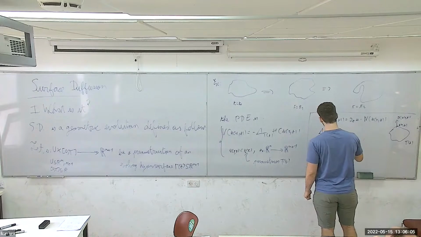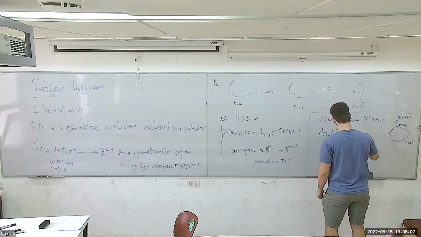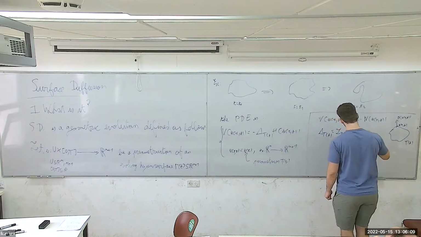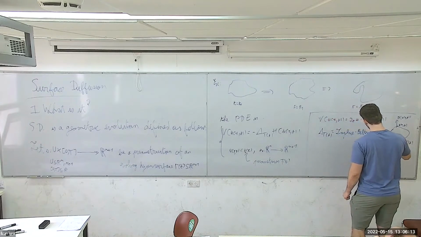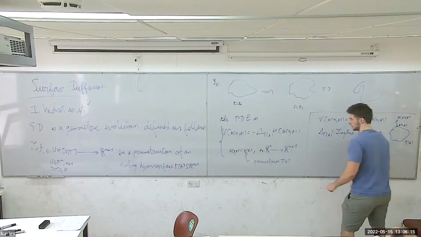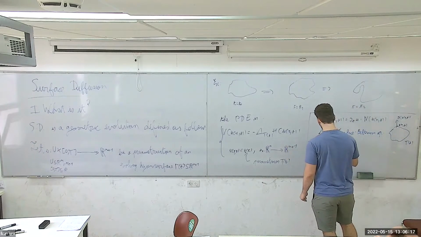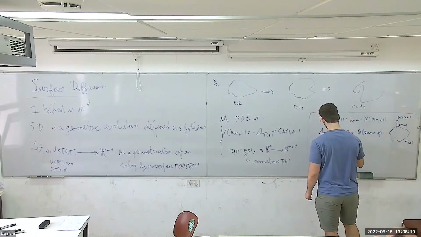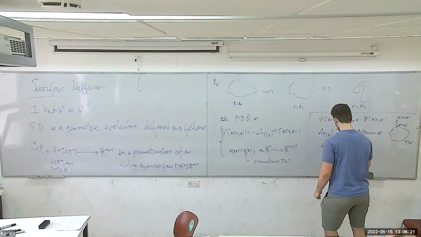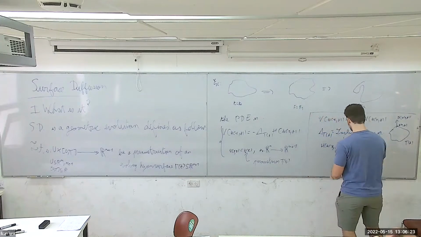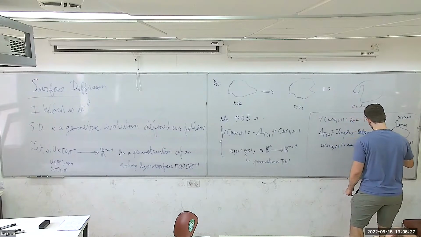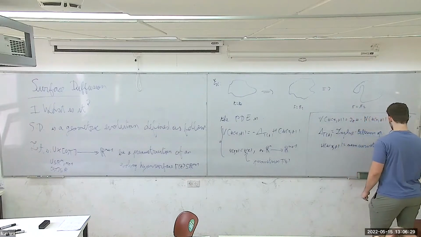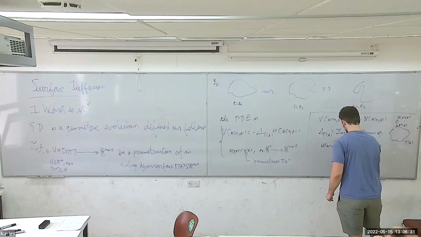Delta_Gamma_t is the Laplace-Beltrami operator. And H of u(x,t) is the mean curvature at u(x,t).